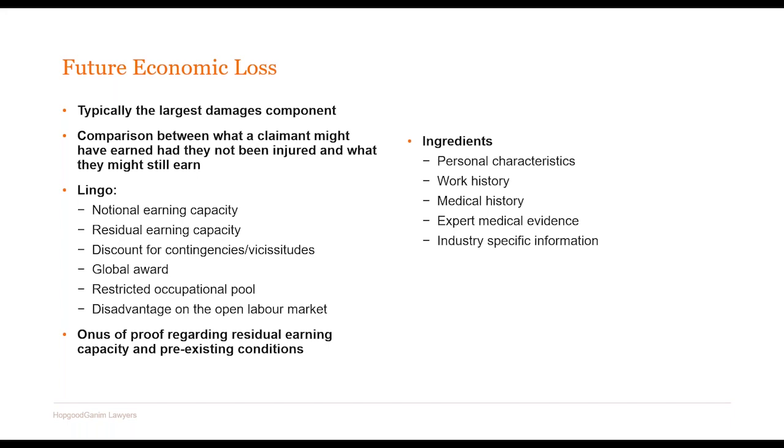I have certainly run cases where we've had expert cardiologists give evidence about the likely impact of a cardiac condition on the ability to work to age 67. I've also had one where we had a general physician give evidence about the impact of type 2 diabetes and psoriasis, very severe psoriasis, on the ability to continue working to age 67.